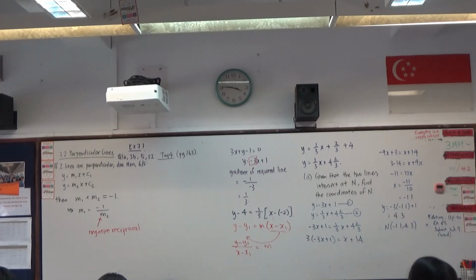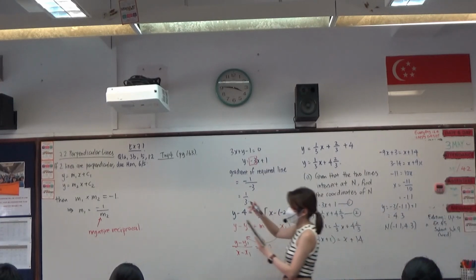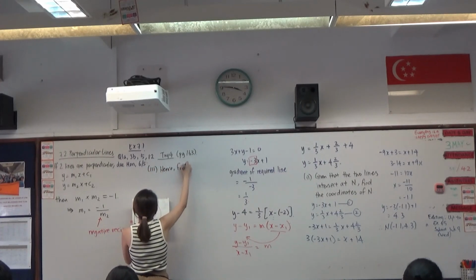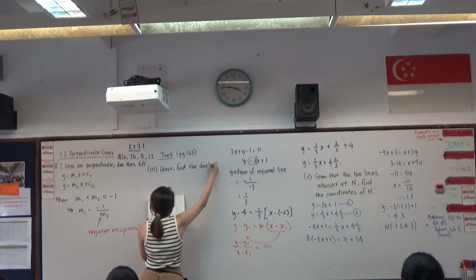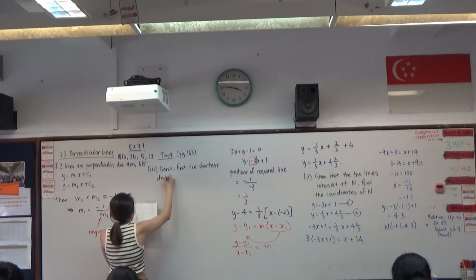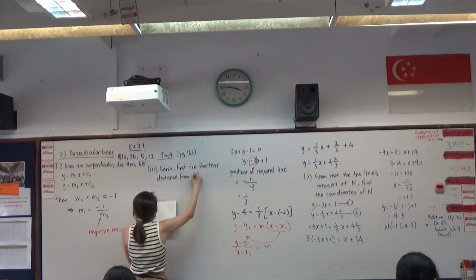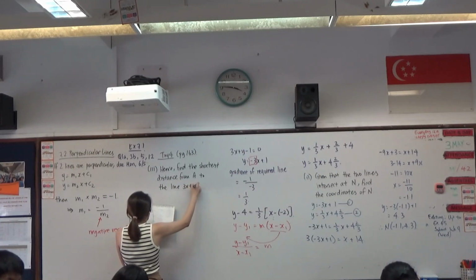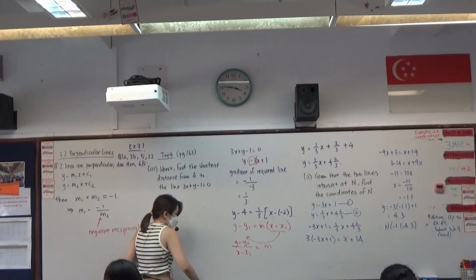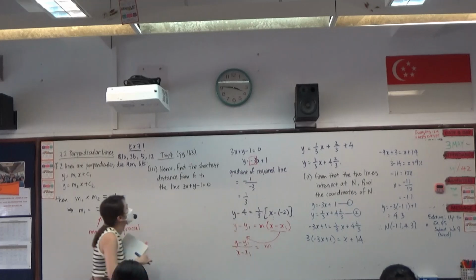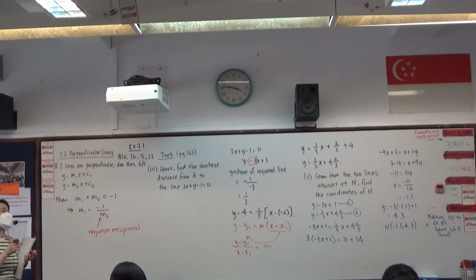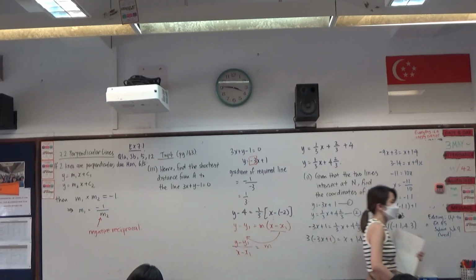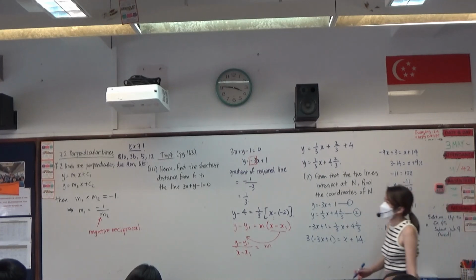Next, we look at part 3. Okay, so looking at part 3 itself, we want to find the shortest distance. What do we understand about shortest distance when we learned about it in Sec 2? Do you all remember? There's this important thing about shortest distance.